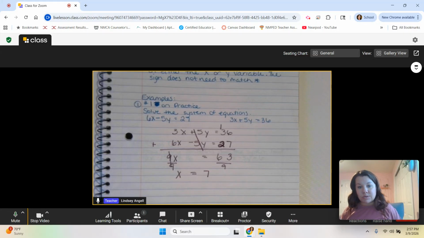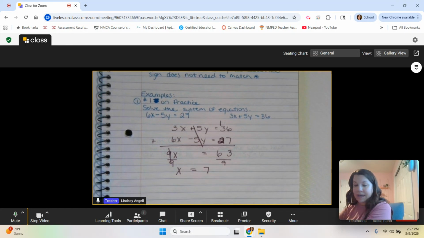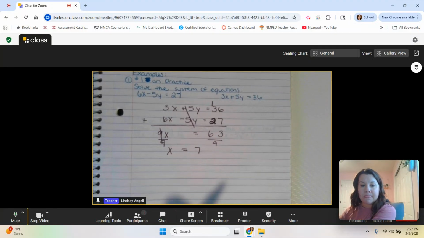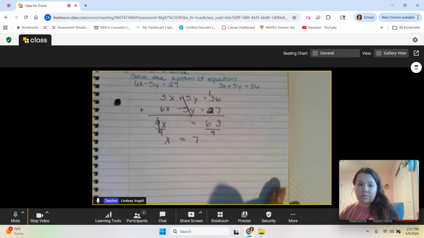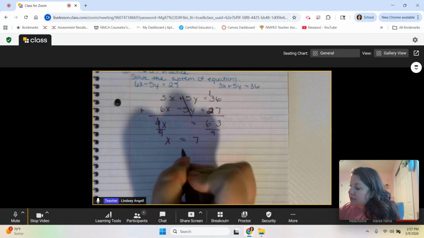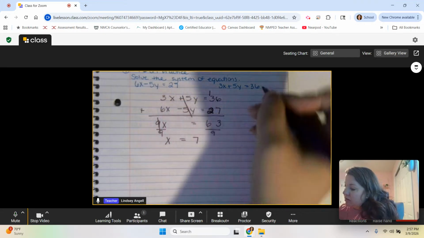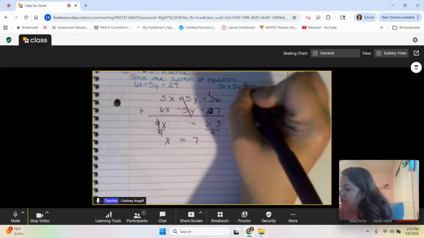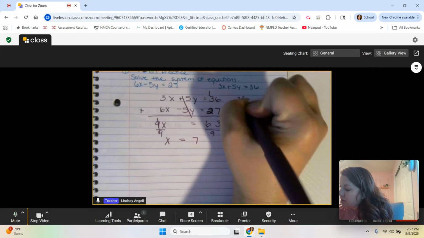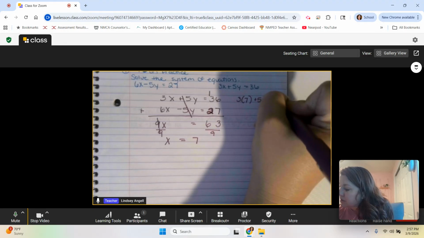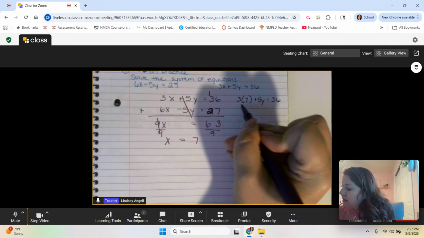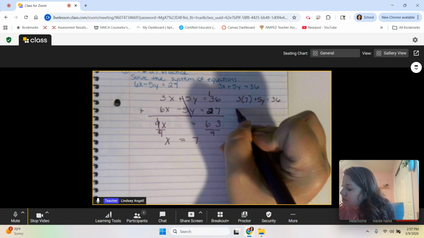Now what I can do is plug the 7 back in to either one of them and figure out what y is equal to. Okay? So let's see, I'll take this one. So I have 3 times 7 plus 5y equals 36. 3 times 7 is 21.